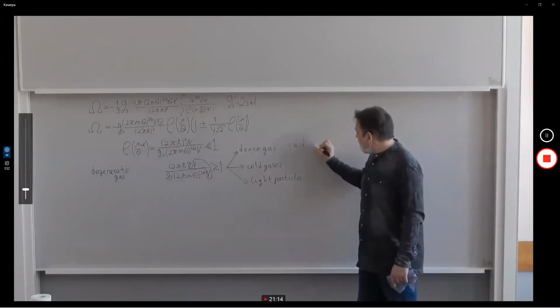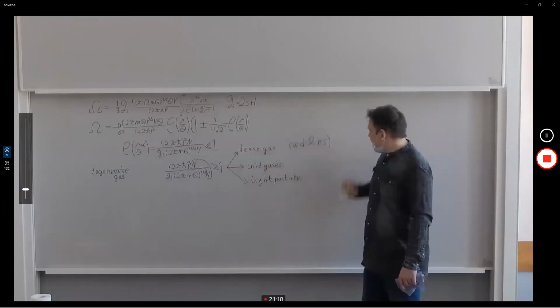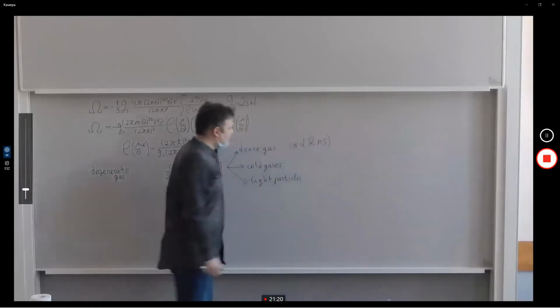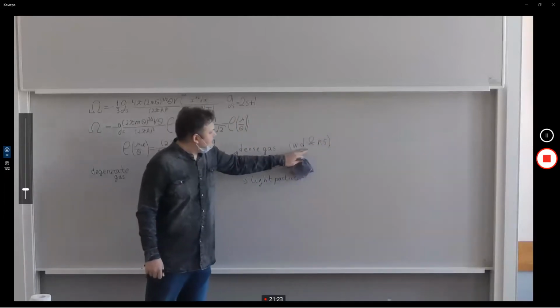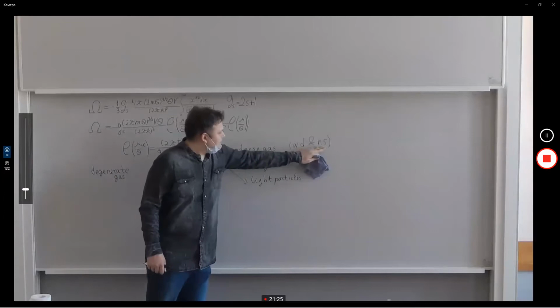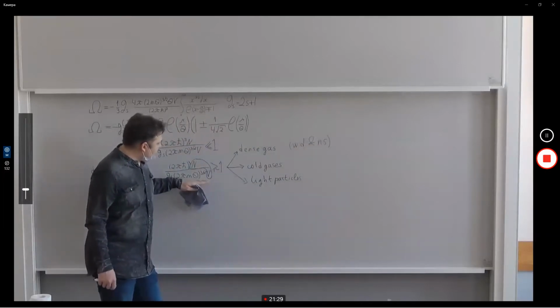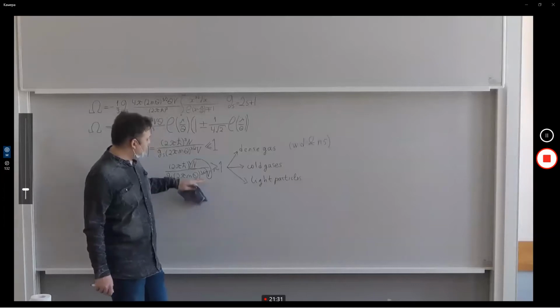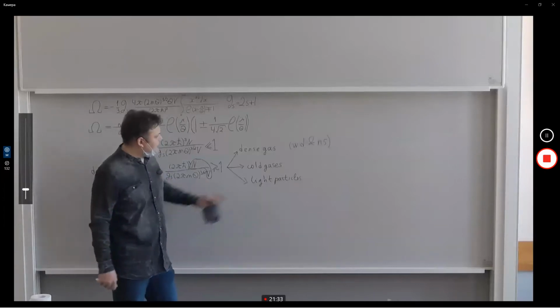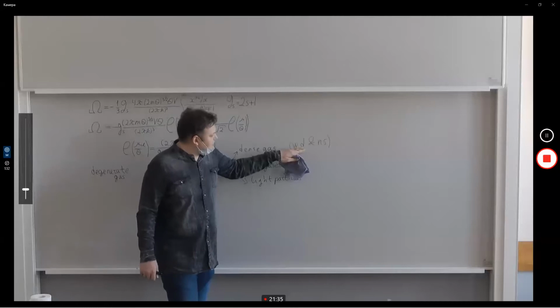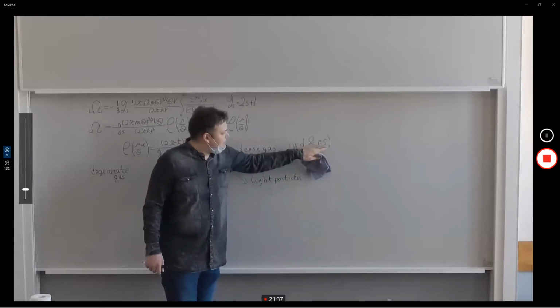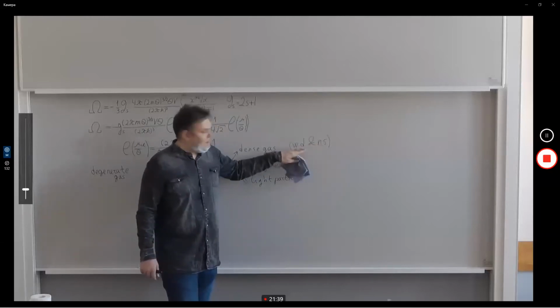I mean here white dwarfs and neutron stars. As we know, the gravitation pressure in these stars is compensated by the pressure of the degenerate gas. And both these types of stars have very high density.